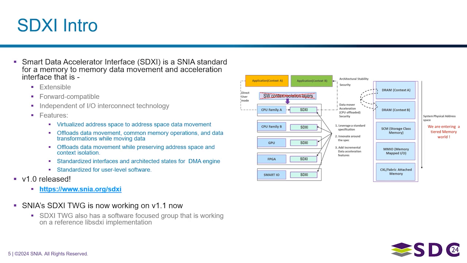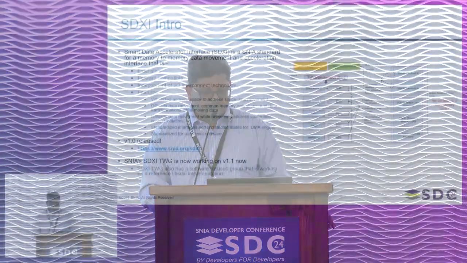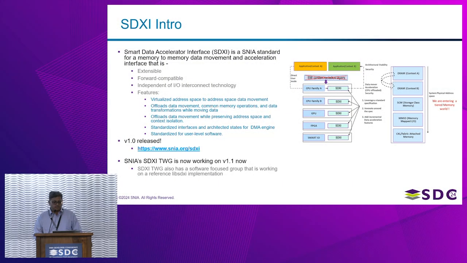Like the earlier discussion about page migration and things of that nature that we were just having on the side, you need to have architected states when you move your data to know when the actual data movement has happened and when it can be picked up by maybe another accelerator or software itself. Because if you don't know where an intermediate step is, you don't know how to recover from it. And we are working on 1.1 as well.